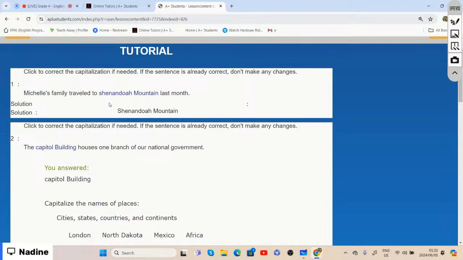All right. So now if we look at the words that are in bold, or in blue, it says click the correct capitalization if needed.